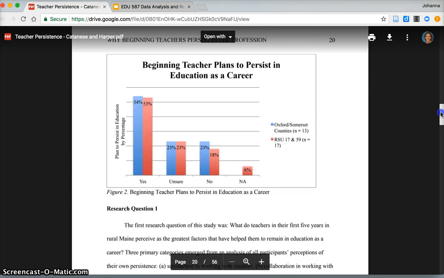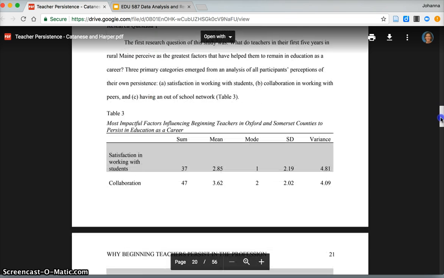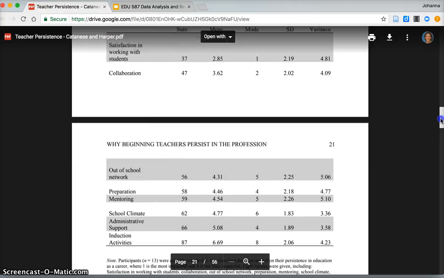They started right off with a nice strong visual for readers to make sense of what they found, what populations they were looking at, and what the sample was. Then they dive into the research question, and they did a beautiful job of using tables and figures and really integrating the qualitative and quantitative data to make sense of their findings.